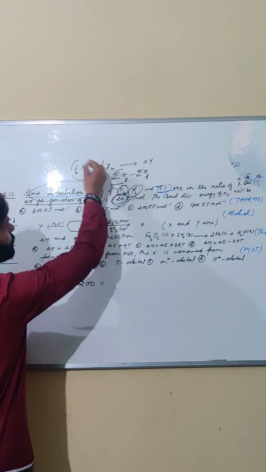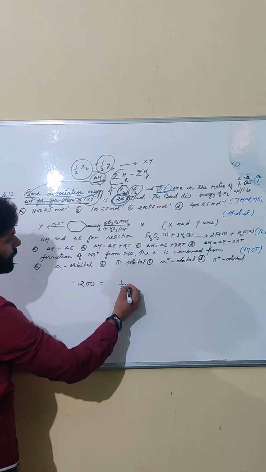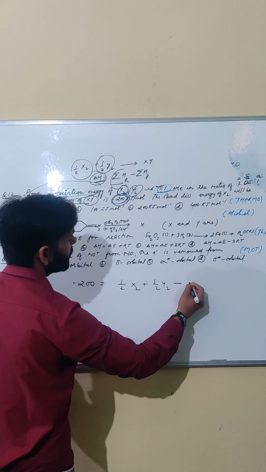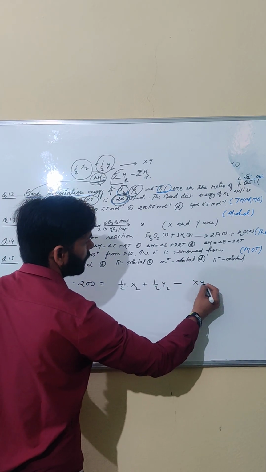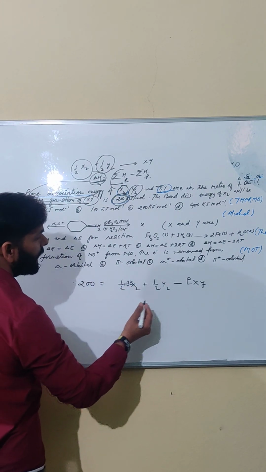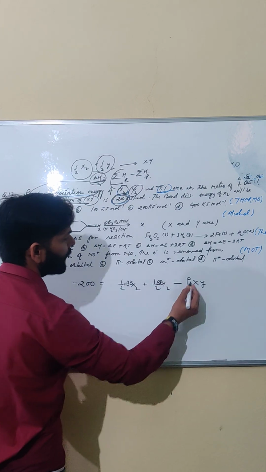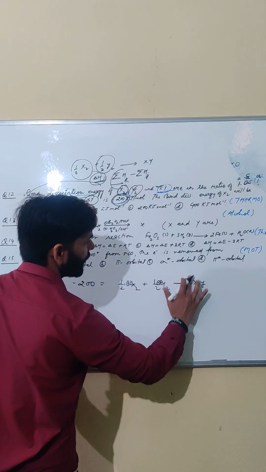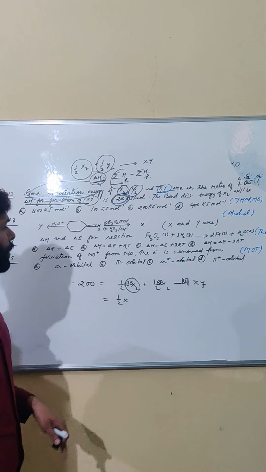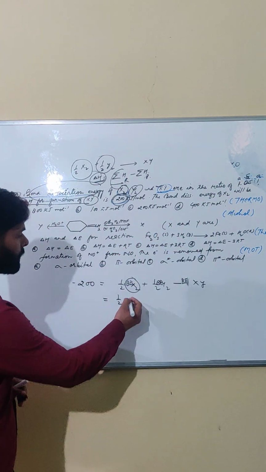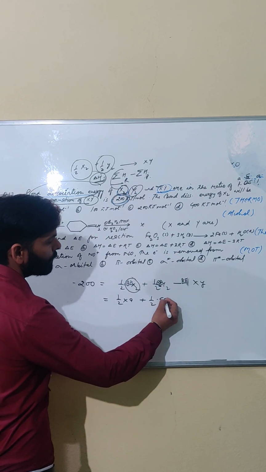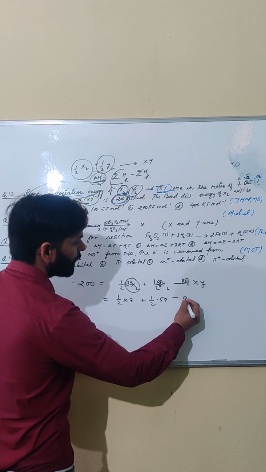Then the reactants, half x2 plus half y2, minus xy. You can simply write bond dissociation energy of x2, bond dissociation energy of y2, and bond dissociation energy of xy. Now put the values: half of the bond dissociation energy of x2, in ratio form, is A; for y2 it is 0.5A, and for xy again A.